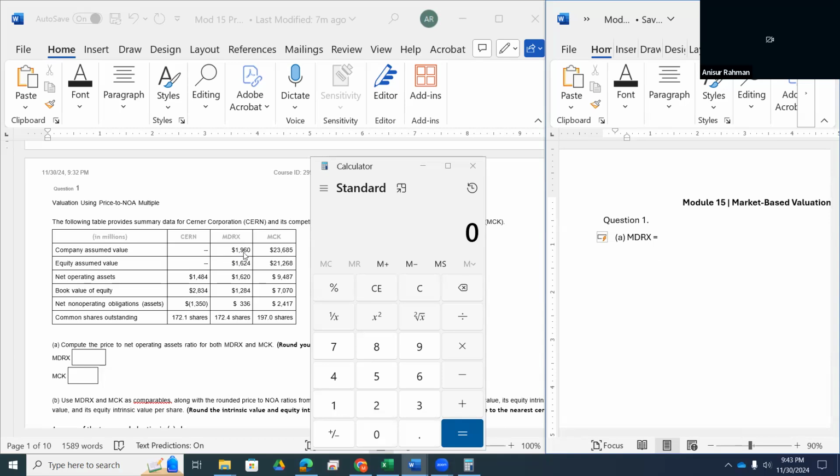This is the total price, the total value, divided by our net operating assets.